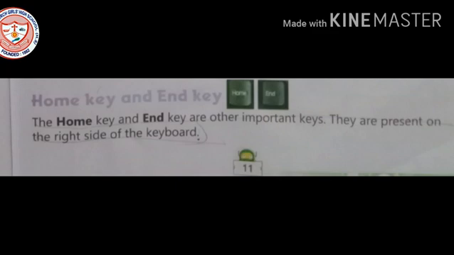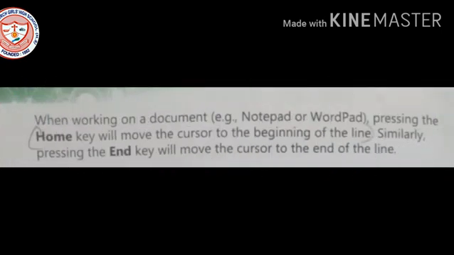Suppose you have written some paragraph and you are in the middle of the line, and while writing, you want to change or add something at the start. If you just press the home key, the cursor automatically moves to the beginning of the line. So the home key will move the cursor to the beginning of the line.